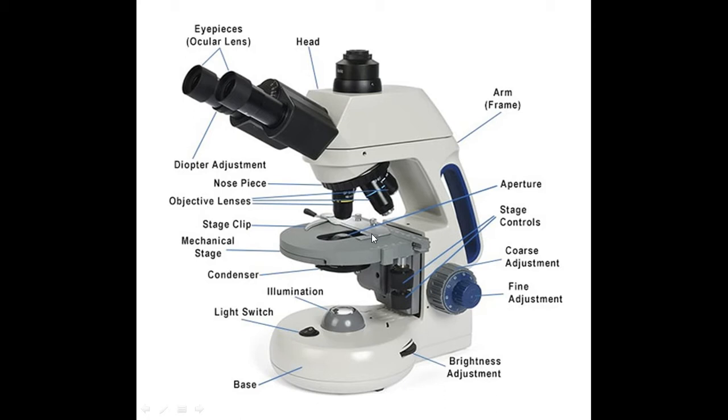So, to recap: based on the number of the eyepiece lenses or the ocular lenses, we can have a monocular microscope and a binocular microscope. Based on how the image is seen in the field, we can have 4 categories here: a bright field microscope, a dark field microscope, a phase contrast microscope, and a fluorescence microscope.